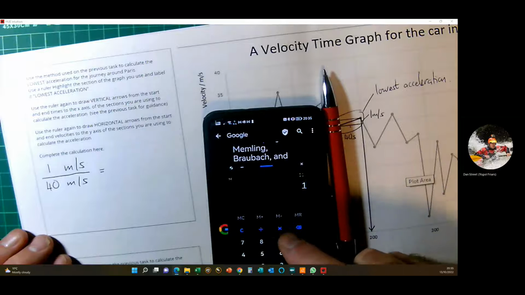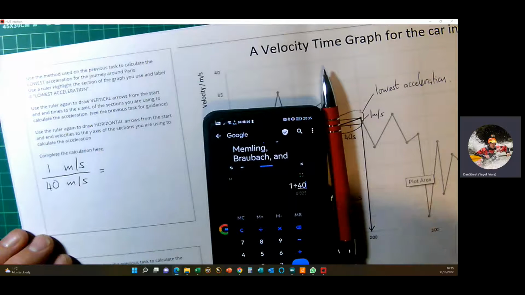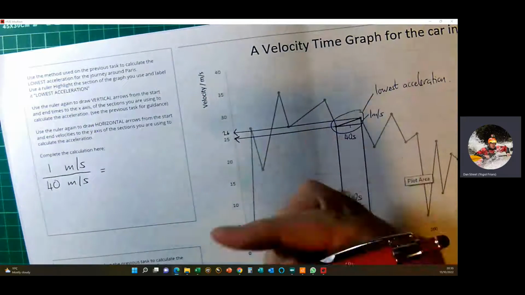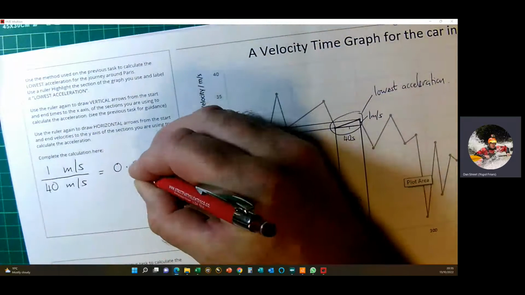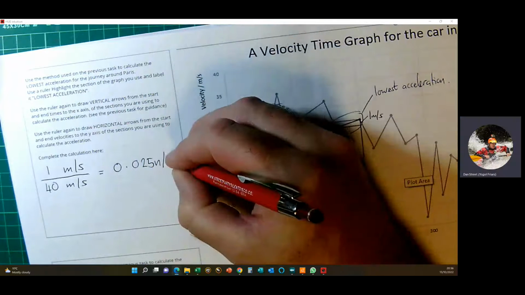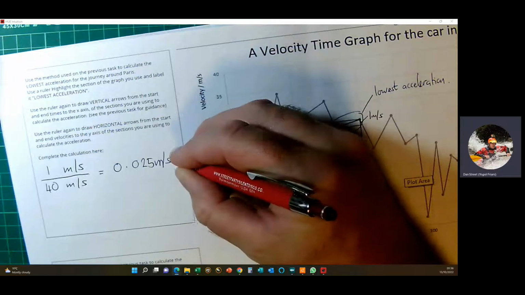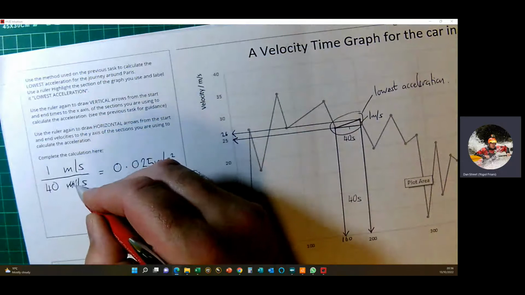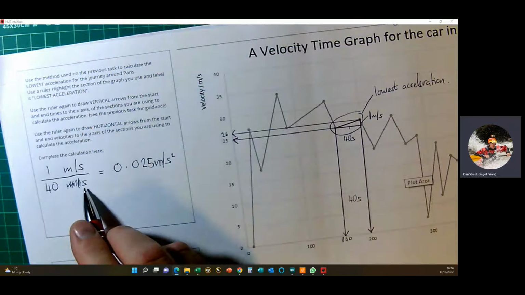1 divided by 40 is 0.025. Okay, so that's 0.025 meters per second, meters per second squared. This, of course, was never in meters per second. It was always just seconds.